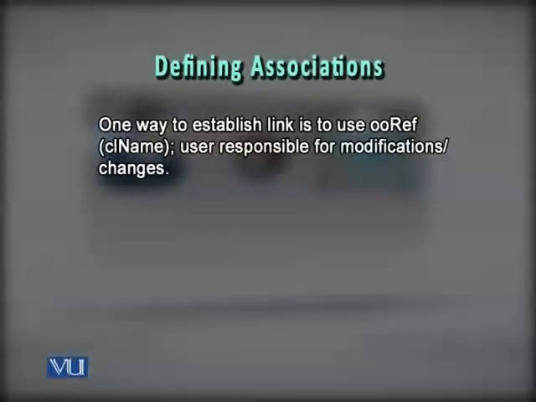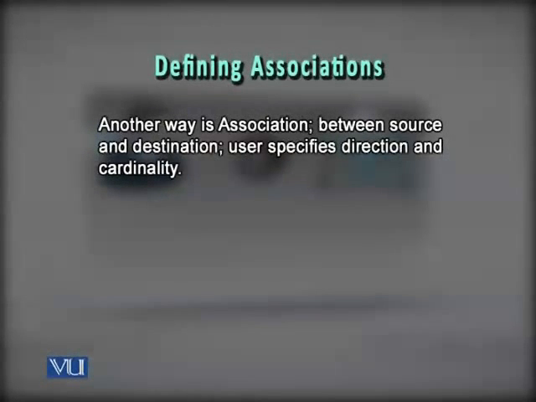So when we define the association, we say that we are establishing a link between the source and the destination object. The one where an association is being defined is called the source, and the one that is being pointed to is called the destination. So in the case of association, we have to specify certain things, and two of the important ones are directionality and cardinality.